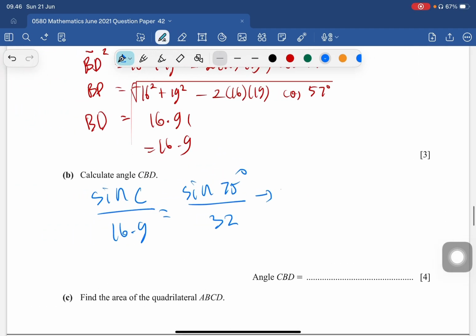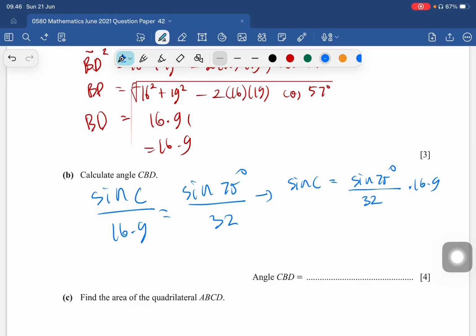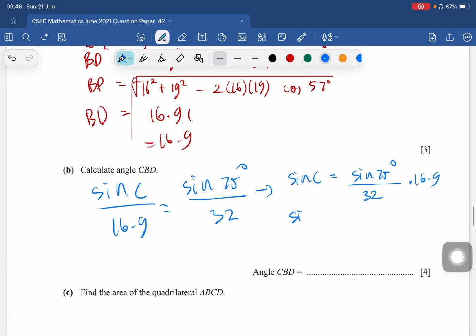So sin C equals sin of 75 degree over 32 multiplied by 16.9. Here you can use a calculator and find the sin inverse of sin 75 degree divided by 32, multiplied by 16.9. This is equal to the angle C.